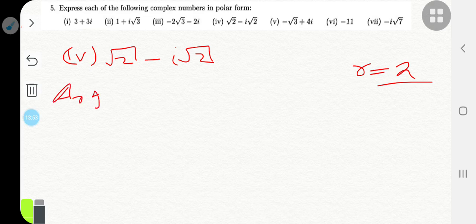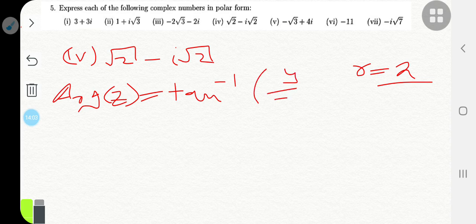And now we find our argument. We know that the argument of z is just equal to the tan inverse of y over x.